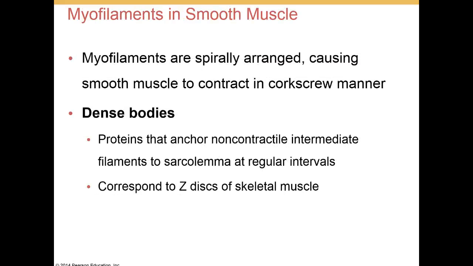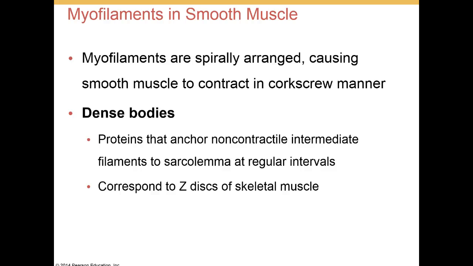Now, you still have the myofilaments. You still have thin and thick filaments, but they are arranged in a spiral around the smooth muscle. And when smooth muscle contracts, it twists up kind of like a corkscrew.